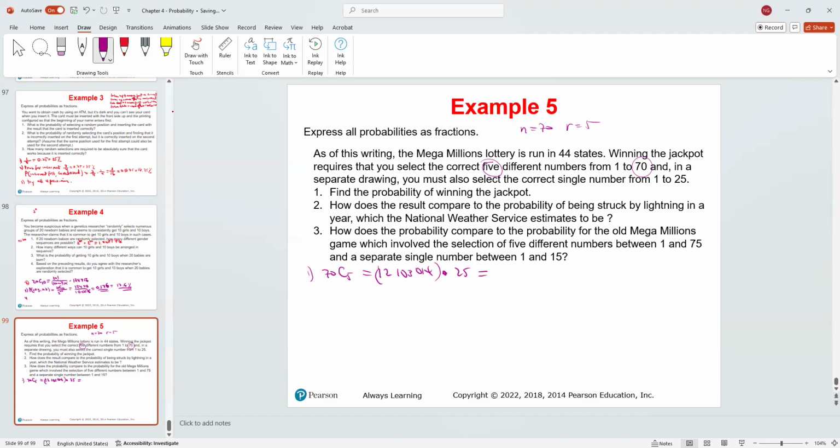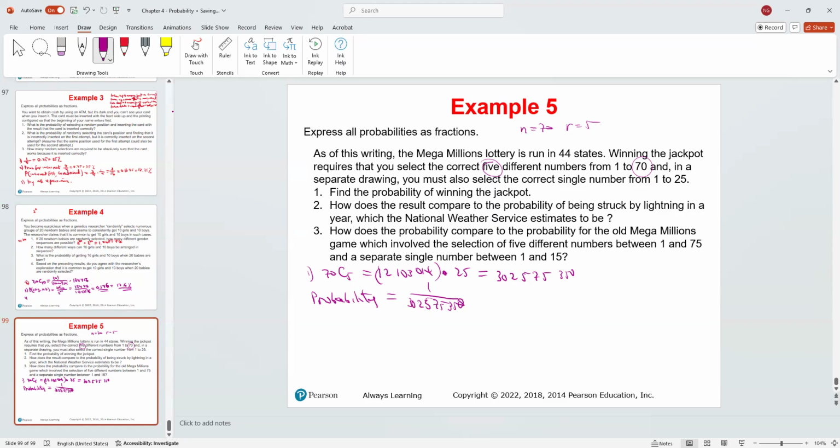So this number would be 302,575,350. Now, when they ask for the probability of winning the tickets, it's only one out of that number. And yes, that's the probability of winning.